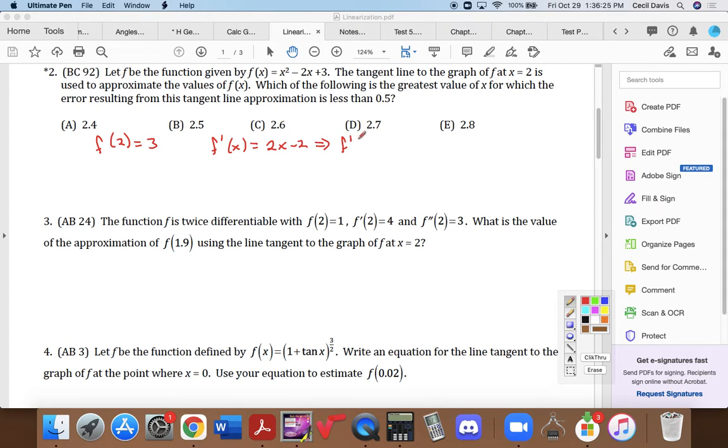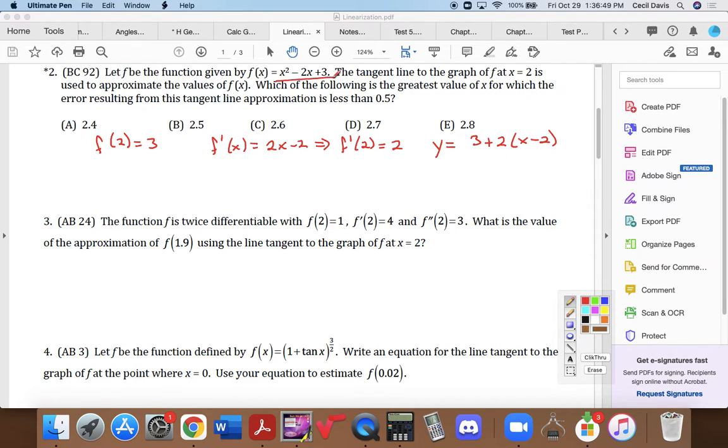So f prime at 2 is 2. So our tangent line approximation is y equals 3 plus 2 times x minus 2. Okay? That's the tangent line approximation.